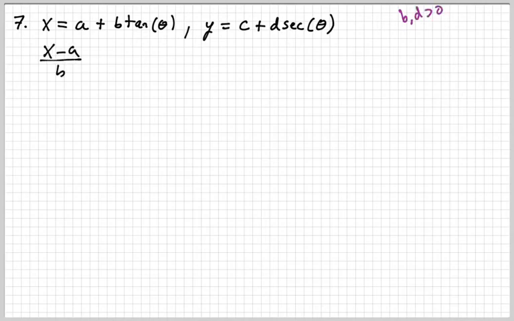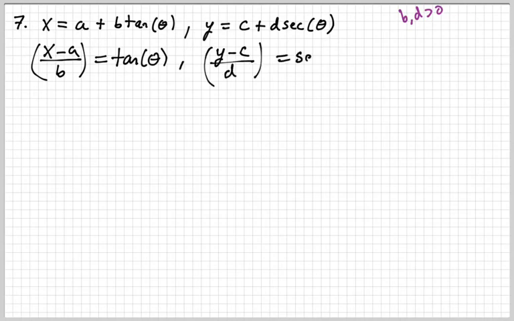So solving for tangent is x minus a over b. Solving for the secant, y minus c over d is equal to the secant, and of course I mean secant of theta, tangent of theta. Using our identity, tangent squared of theta plus 1 is equal to secant squared of theta.